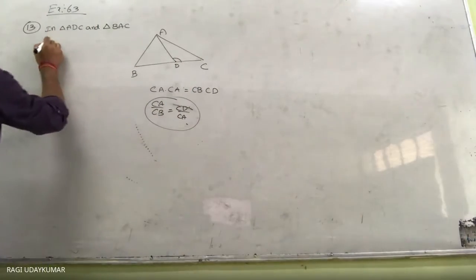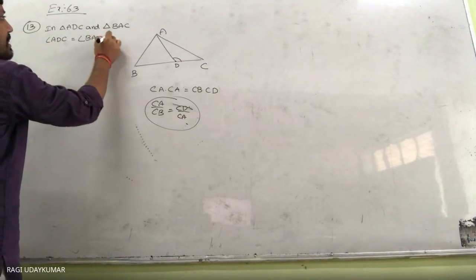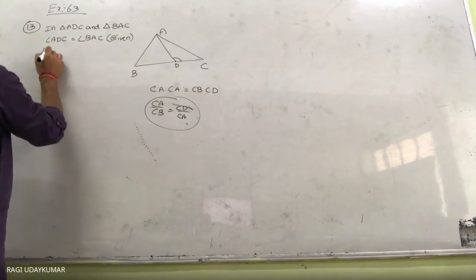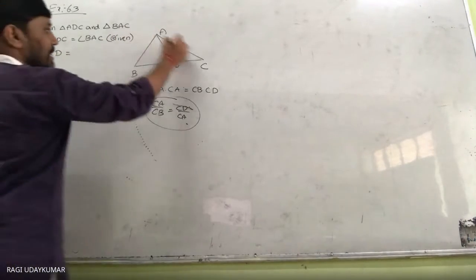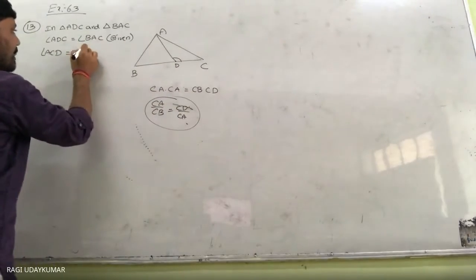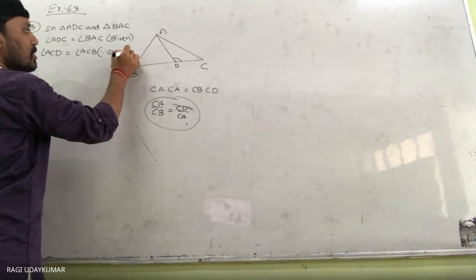Now in this triangle, angle ADC is equal to angle BAC. This is given. And in this triangle, angle ACD is equal to angle ACB. This is common.